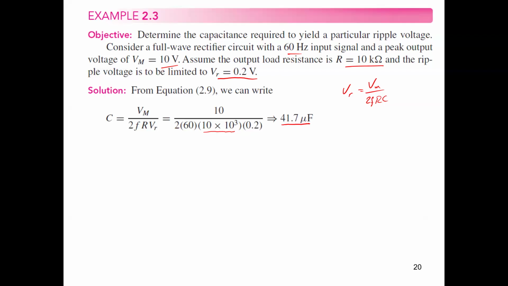So if we say now, guys, V ripple in percent of V maximum equals V ripple divided by V maximum times 100%. So this is going to be 0.2 divided by 10 times 100%. If you calculate that, this is going to be 2%.